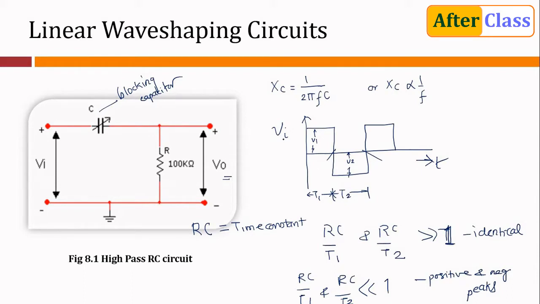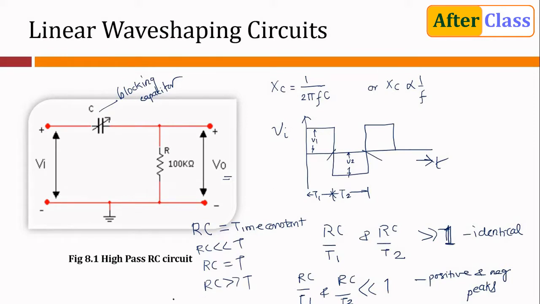So just remember, there are 3 different conditions possible here: RC equal to T, RC very much greater than T, and RC very much less than T. Out of these 3 conditions, when RC is very much less than T, what we get is an output which is referred to as differentiator.